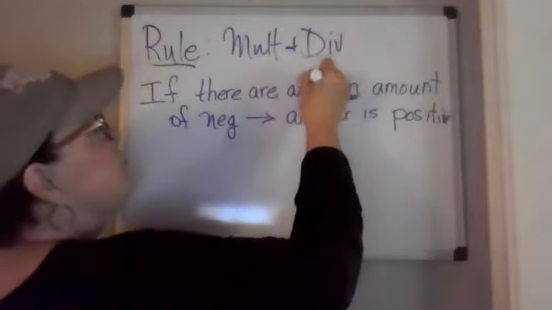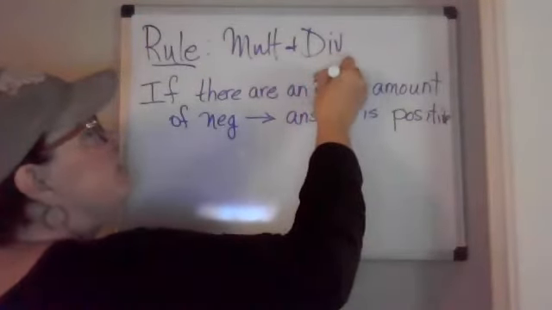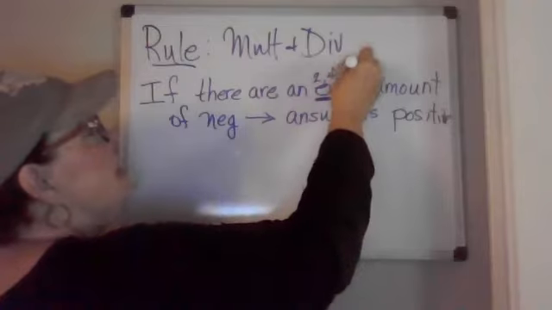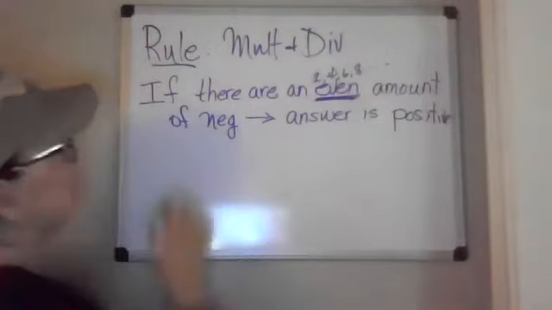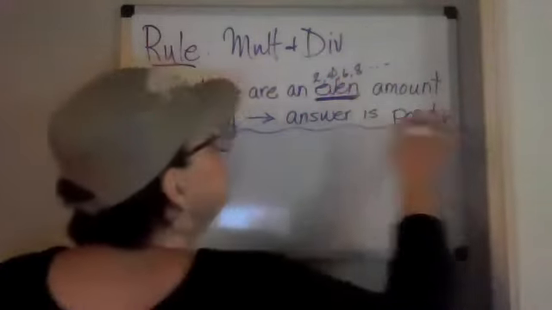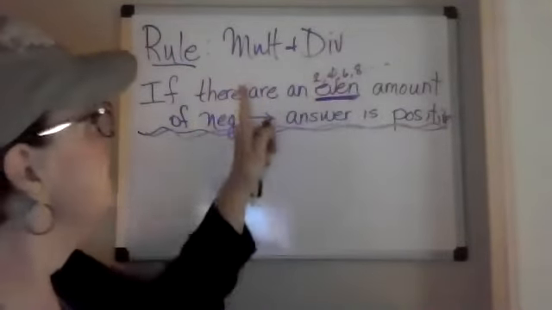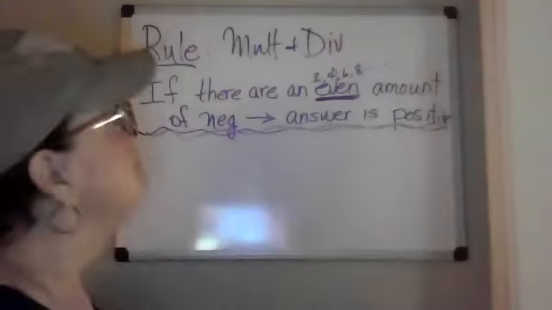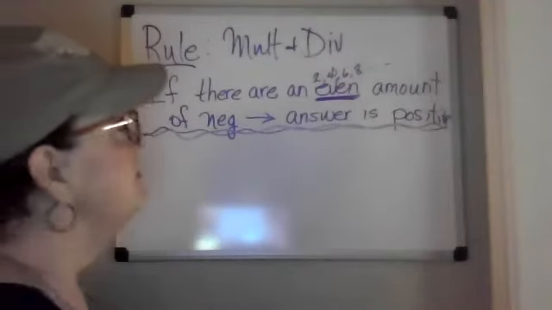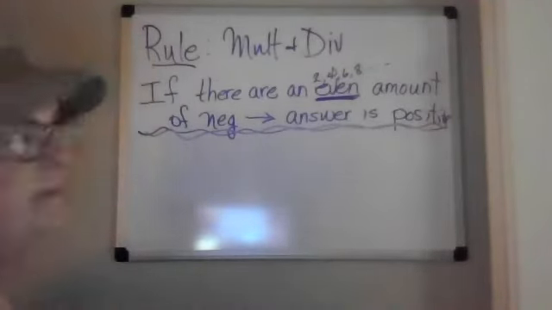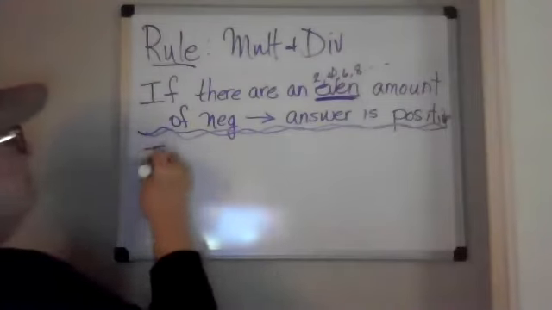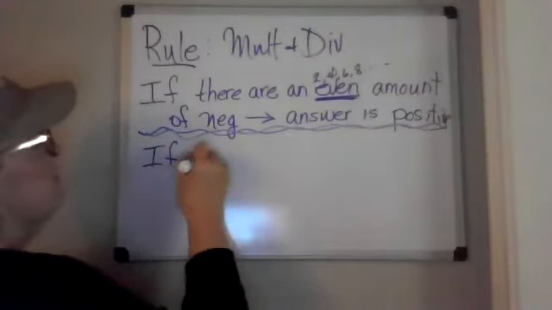Even is like 2 negatives, 4 negatives, you just count them. 8, even. If there are an even number of negatives in your problem, the answer is going to be positive all the time. And it's just the opposite.